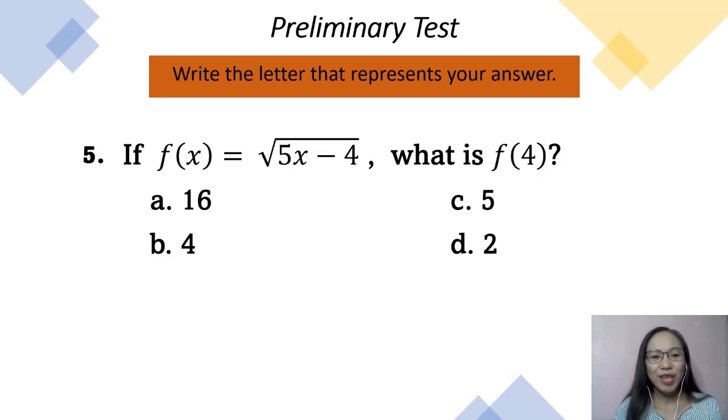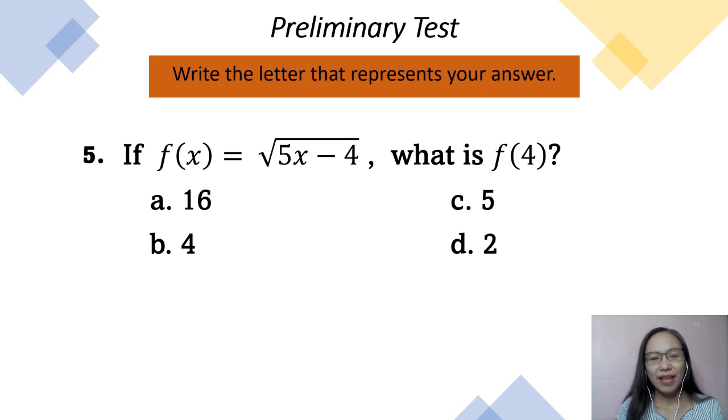So here's the last question for our preliminary test. If f of x equals 5x minus 4, what is f of 4? Letter A, 16, letter B, 4, letter C, 5, and letter D, 2. I'm giving you 10 seconds to answer this.